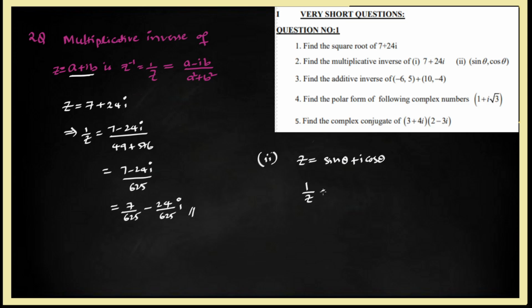That is 1 by z, sine theta minus i cos theta, using the formula a minus ib by a square plus b square. a square plus b square means sine square plus cos square theta. From the identity, sine square plus cos square is 1. So sine theta minus i cos theta whole divided by 1. Simply we can write sine theta minus i cos theta.